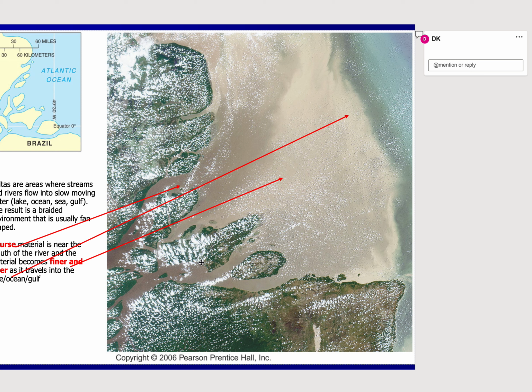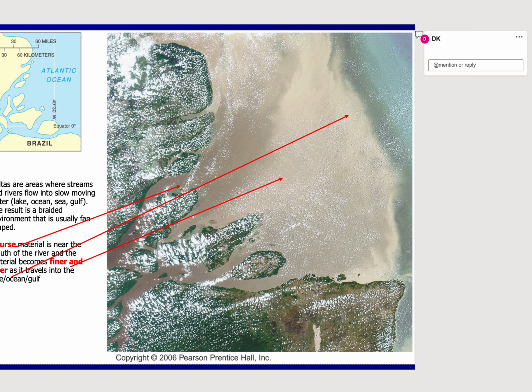You get island formations being produced, and these islands are material which was aggregated, deposited in the past. All right, so in this case, this is a river that is located at the equator in Brazil and depositing into the Atlantic Ocean.